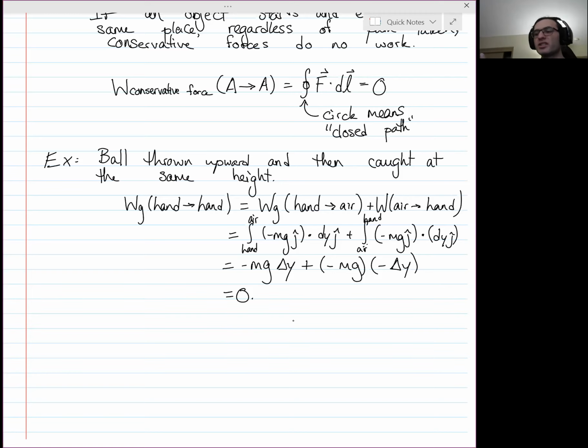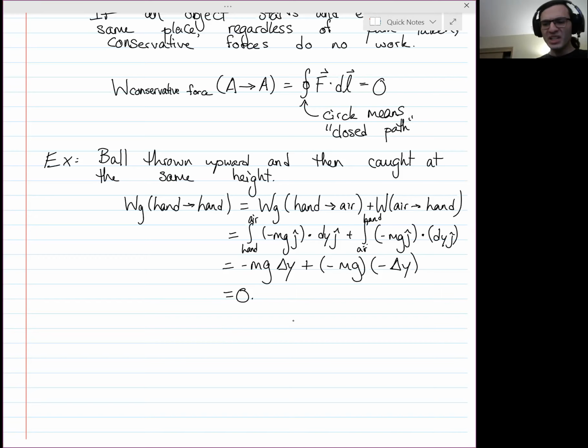If you just lightly toss it, and I have a ball here, demonstration, if I just toss it a little bit, it doesn't hit my hand very quickly. If I toss it significantly more, it'll hit my hand significantly harder. That's just because the speed is higher when it's coming down. And the speed that it leaves my hand with is the same that it hits my hand with, meaning that no work must have been done.